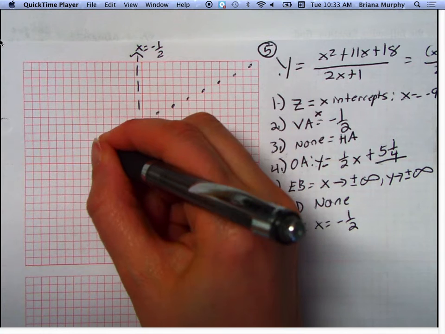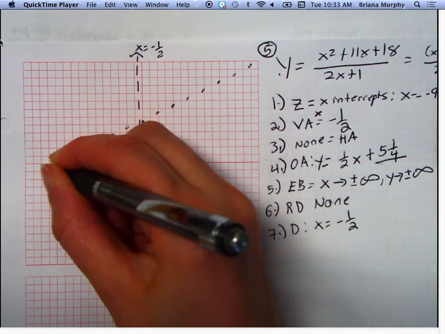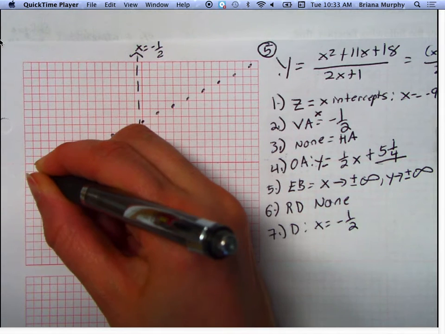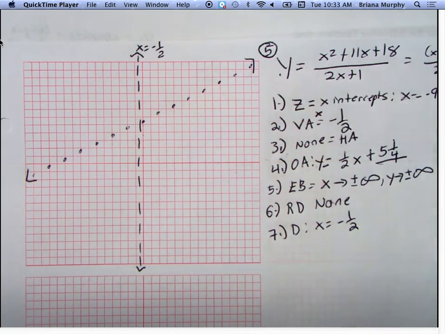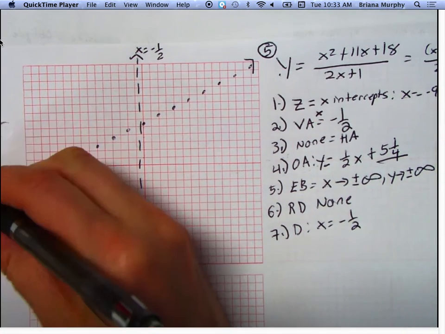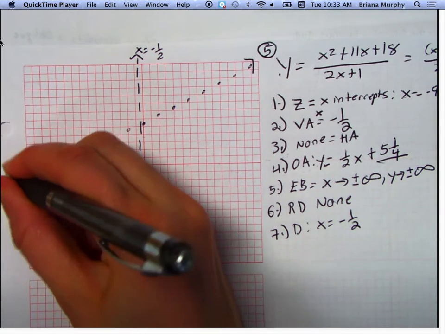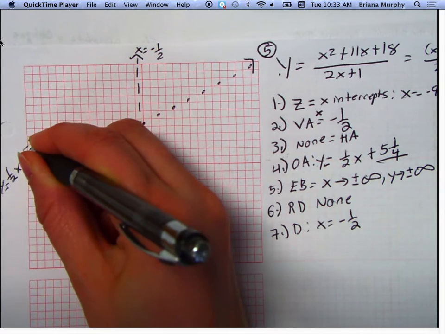You need to do it all the way across your graph paper. Everybody's doing this with me, right? Yes. Please do it. We need to label that as y equals 1/2 x plus 5 1/4.